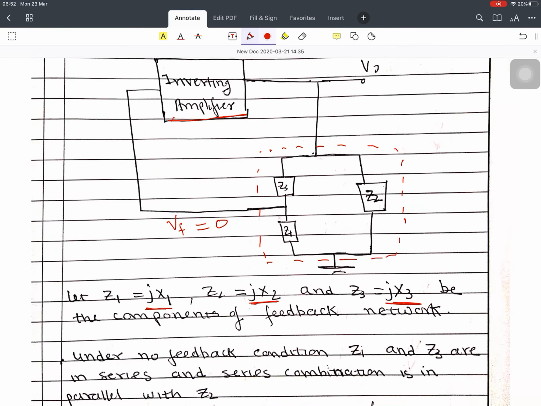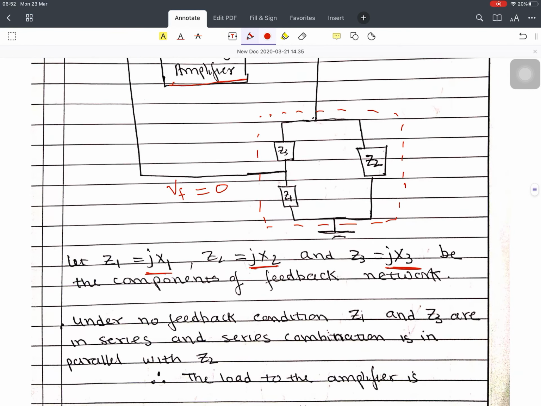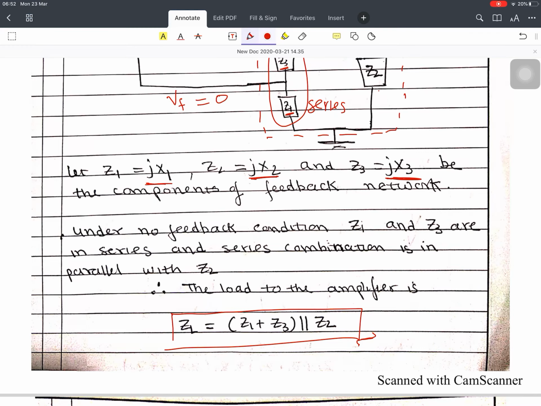So when Vf is 0, I can say these two, that is Z3 and Z1, are in series, and this series combination is in parallel with Z2. So I can say load to my amplifier is this series combination of Z1 and Z3 in parallel with Z2.